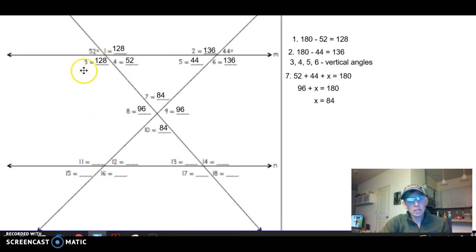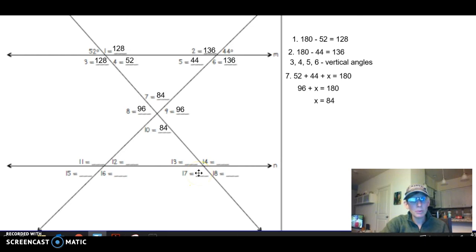So I'm just going to randomly pick this angle 3 here. And I'm going to say, okay, well, this is on the bottom of the parallel line to the left of the transversal. So it's bottom left. So I'm going to go to my other parallel line, and I'm going to say, okay, well, now angle 17 is bottom left. So it's same position, but the other parallel line.